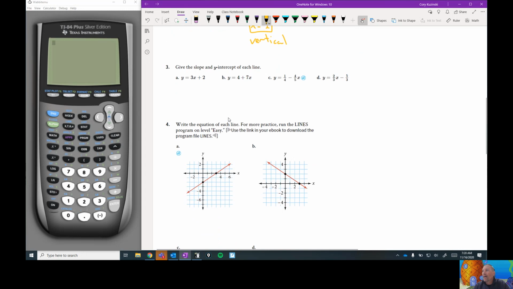Given the slope and the y-intercept of these, well, they're in slope-intercept form, so this shouldn't be a big deal for us. Let's start with the slope of each one. The coefficient of x is our slope. So I think we'll just call it m equals 3. Let's write slope.